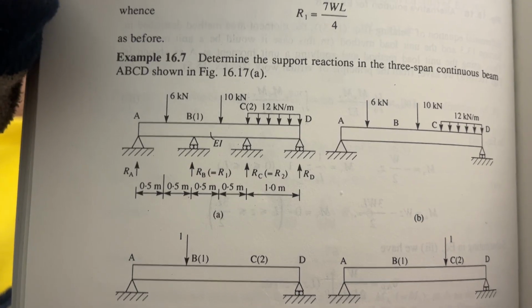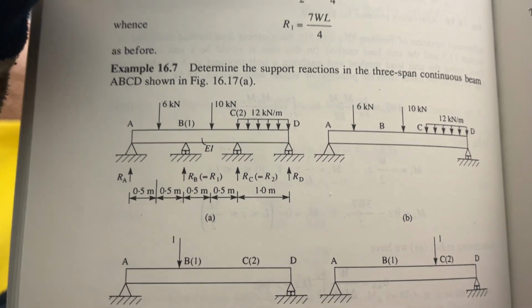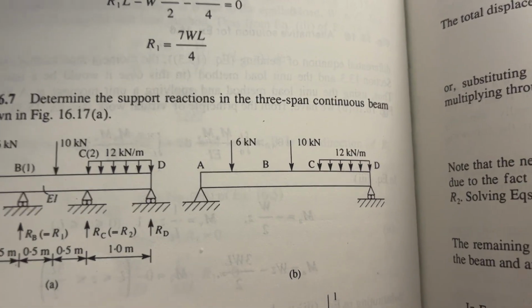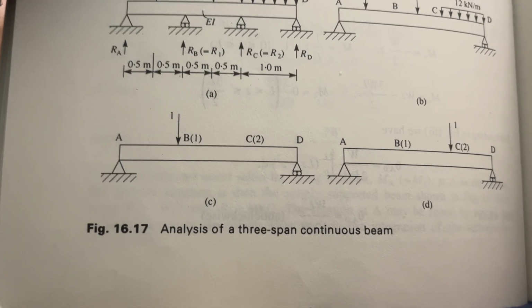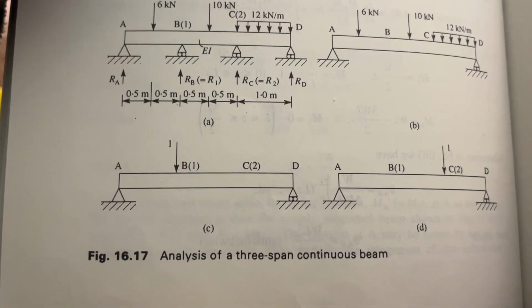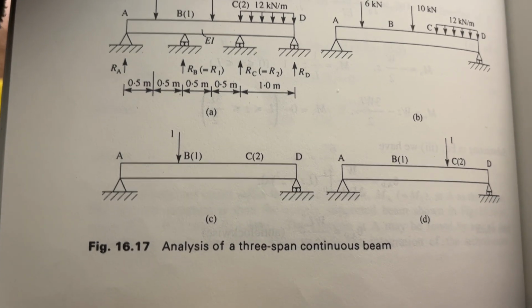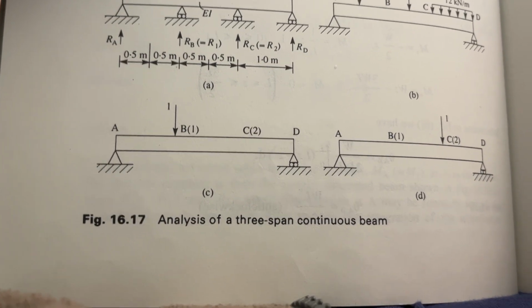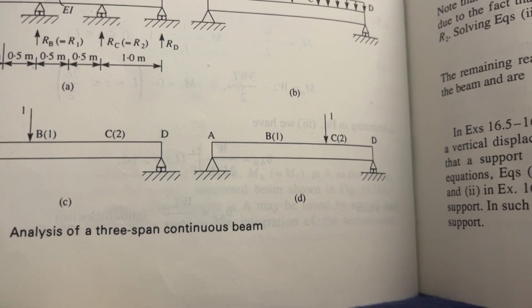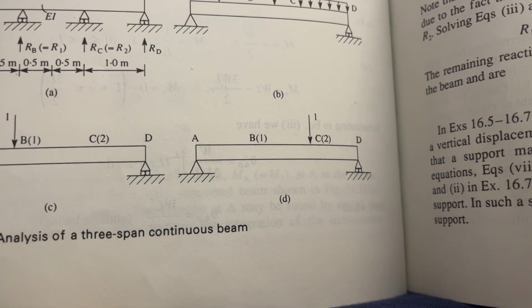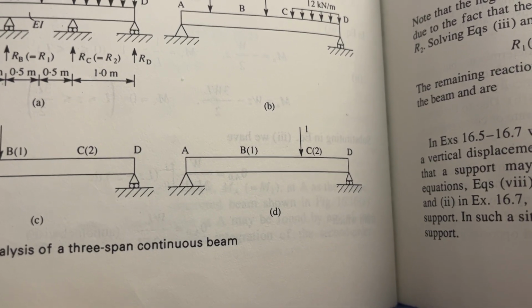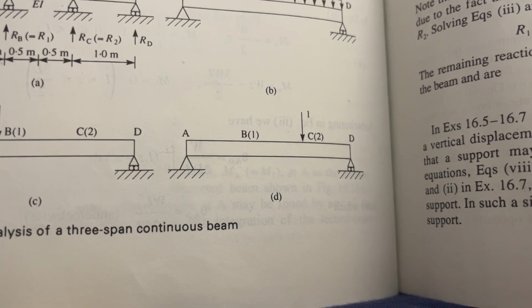So if you take out supports RB and RC, it will be statically determinate, and then you've got to reapply the support reactions to return the deflection to 0 at B. That's what diagram C is, and then apply the force at support position C and take that back to 0, and that's diagram D.